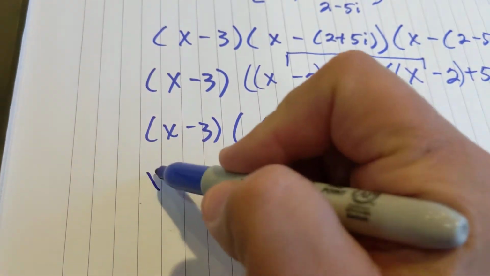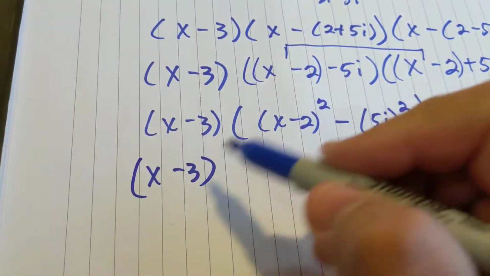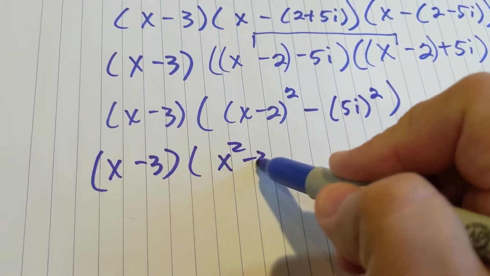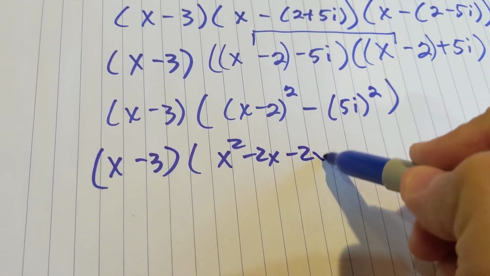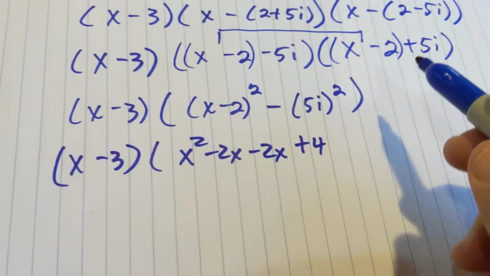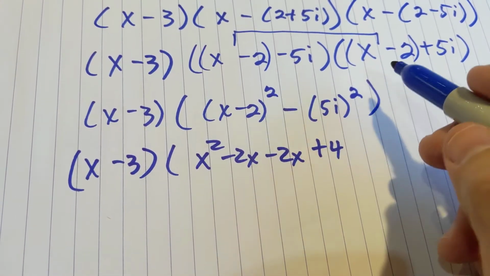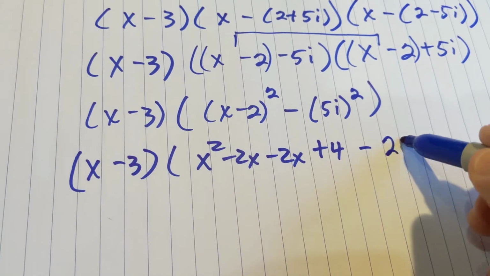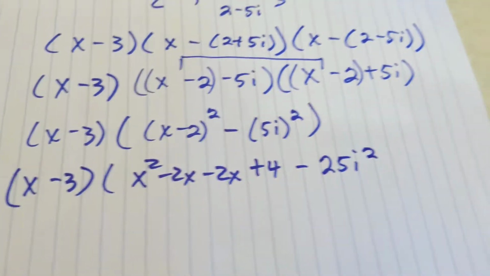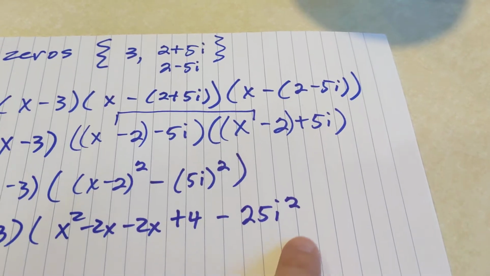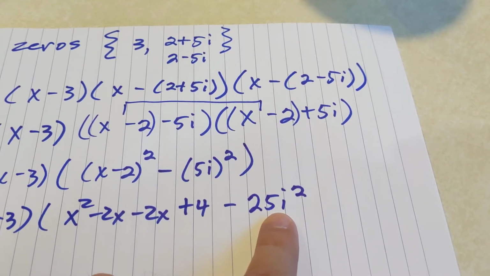So if I multiply this out, that's x squared minus 4x plus 4. And then 5i squared is 25i squared because that's 5i times 5i. 5 times 5 is 25, and i times i is i squared.